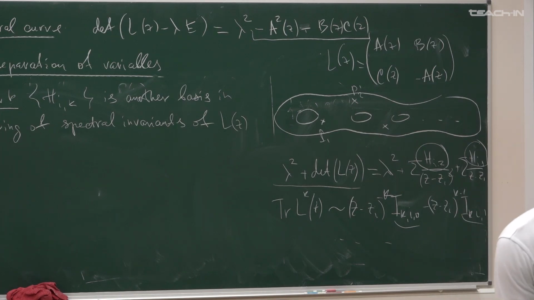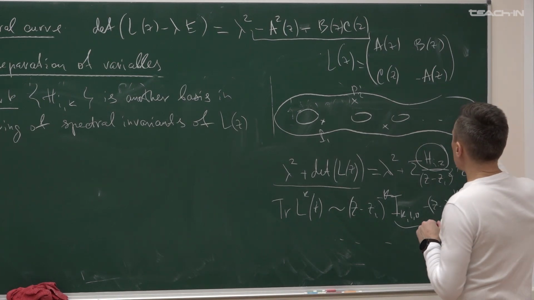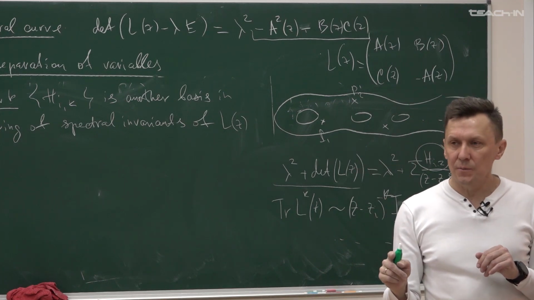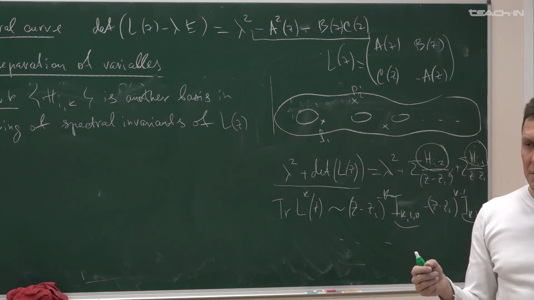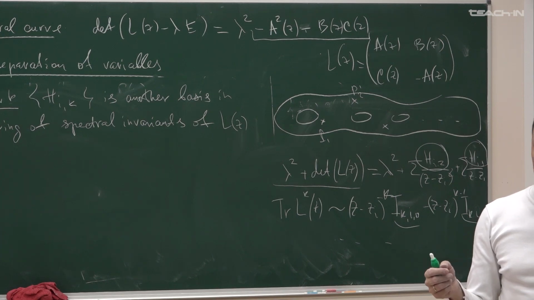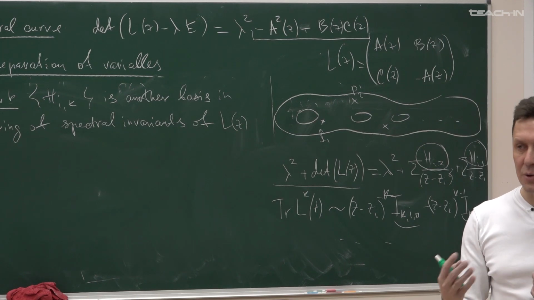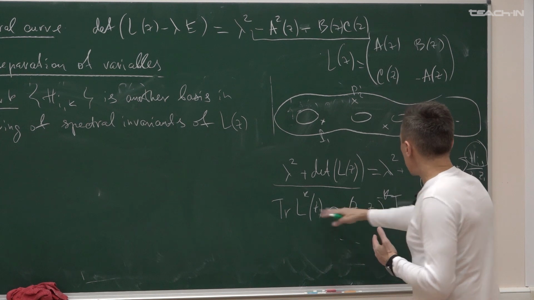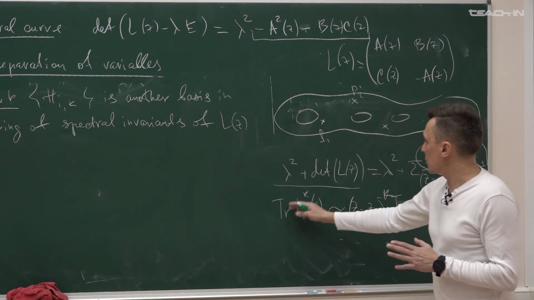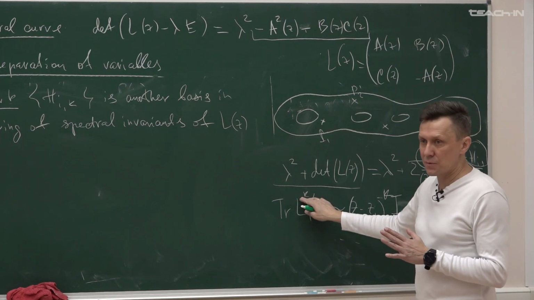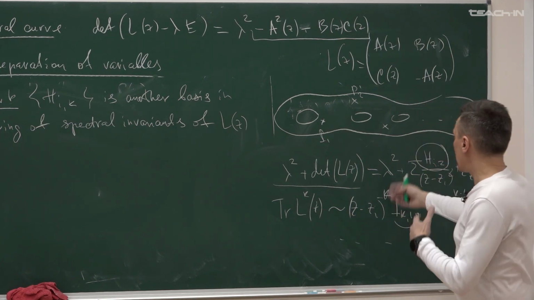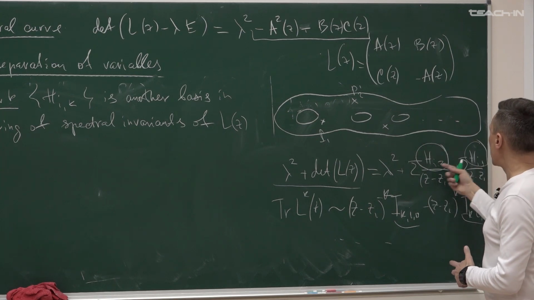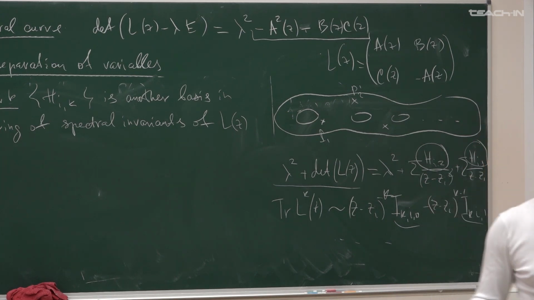So my principal statement is that the spectral curve itself is an integral of motion. Different choices of levels of Hamiltonians change the spectral curve, obviously. If we change this coefficient, we change traces of powers of the Lax operator, but it can be re-expressed as a change of coefficients of these Hamiltonians.